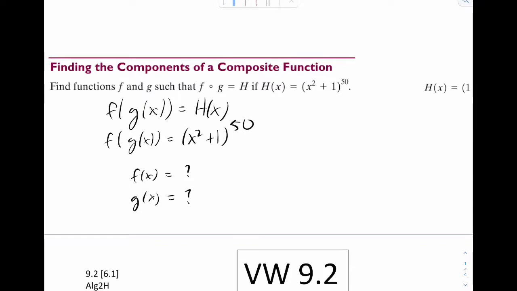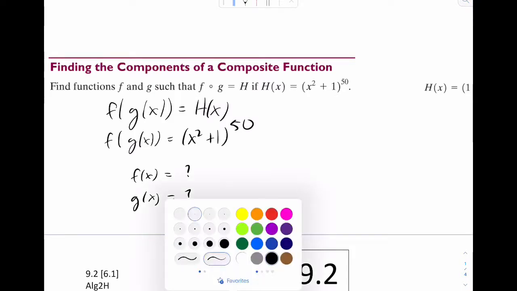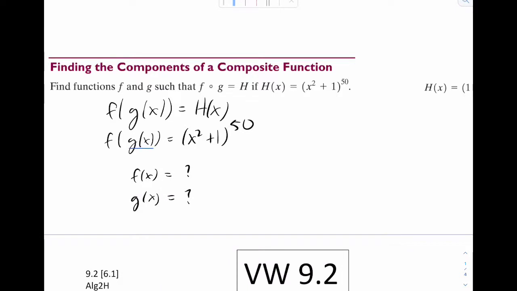Now there are many ways of doing this, and some people just think about it. I'm going to show you the best way I understand it. You want to understand that this part right here is your inside function. And then this right here, your f, is your outside function. So again, we're thinking inside versus outside.